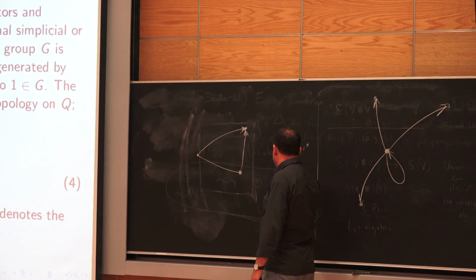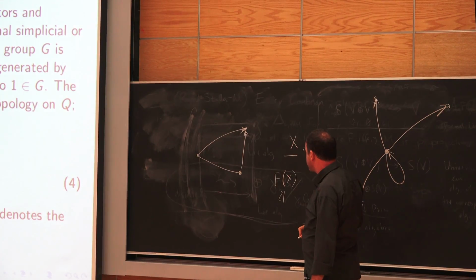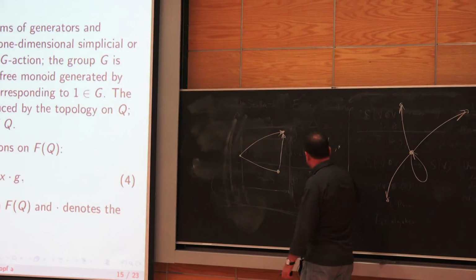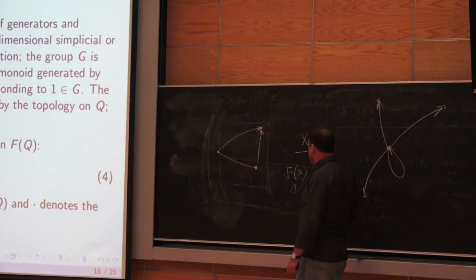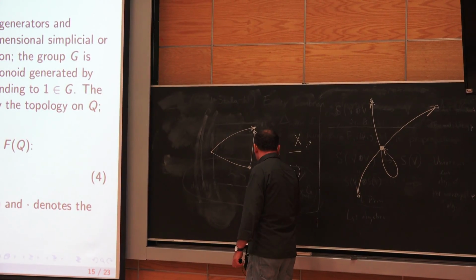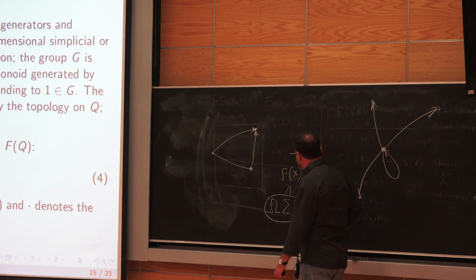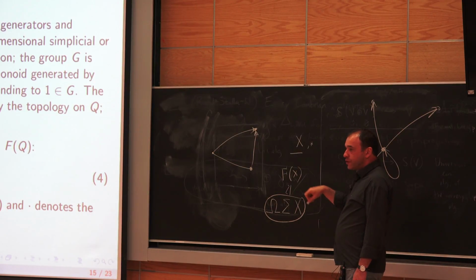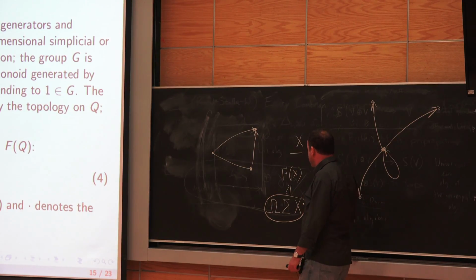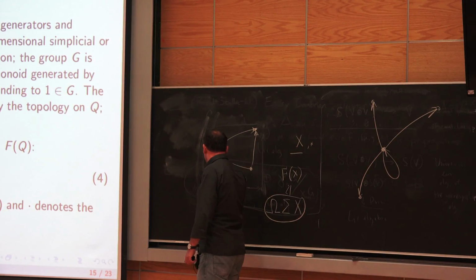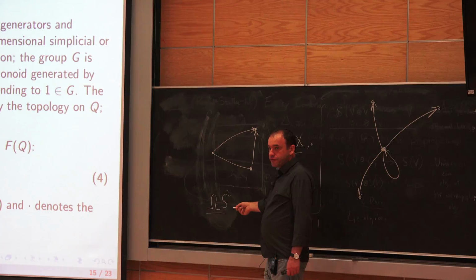James identified that this free group, free monoid or free group, are homotopy equivalent, so it doesn't matter. The homotopy type of this free monoid is going to be the based loop space on the suspension of X. So for instance, if you take a circle and you take the free group generated by the circle, or the free monoid generated by the circle, you get the loop space of the two-dimensional sphere. And this is already a trivial space, right?